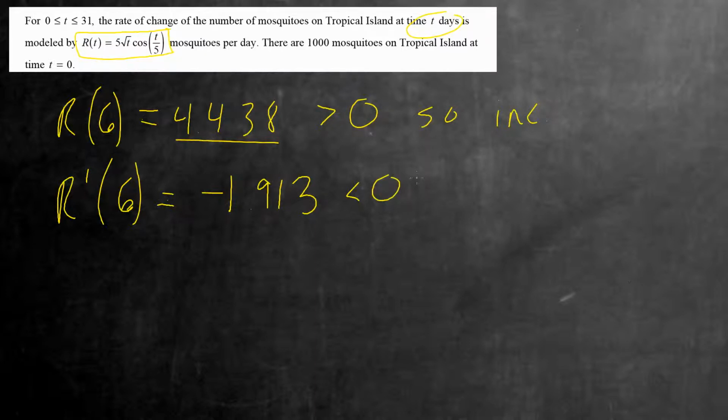So the derivative of the rate is decreasing. So the number of mosquitoes is increasing, we already said that.